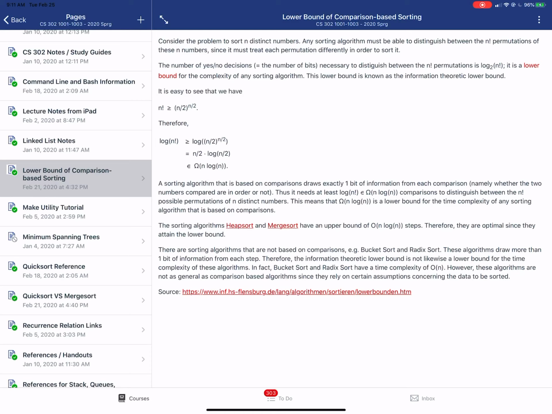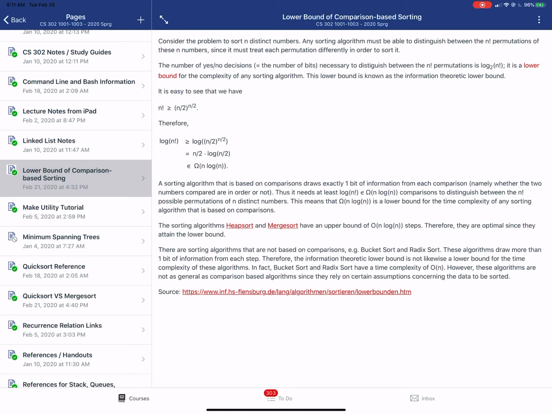We were just talking about permutations a minute ago, and it turns out that there are n factorial permutations for data of size n, which is basically all the orderings of the data. So if we have 10 items in the data, how many ways can we order them?